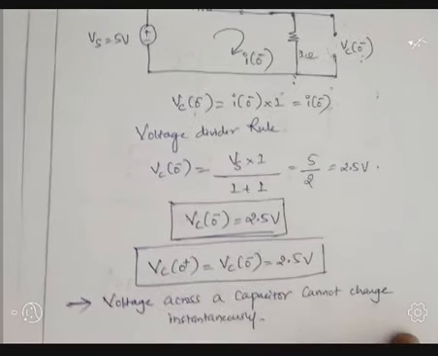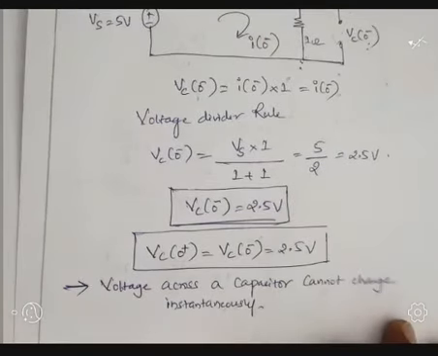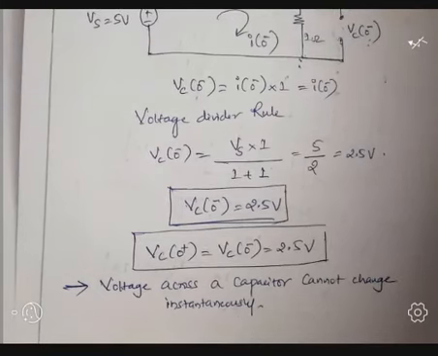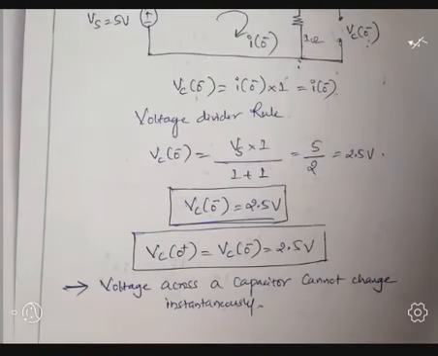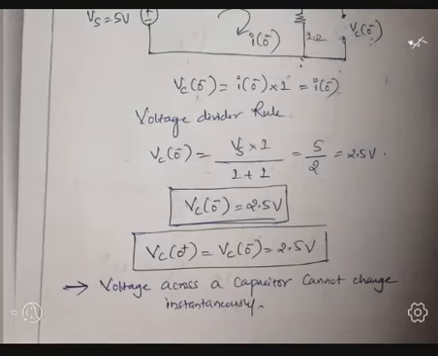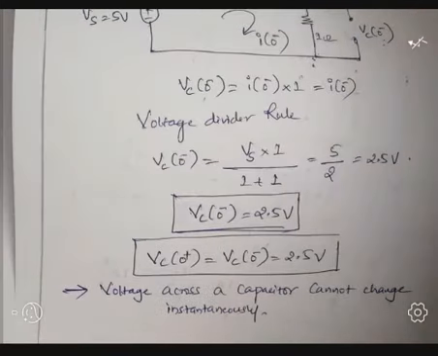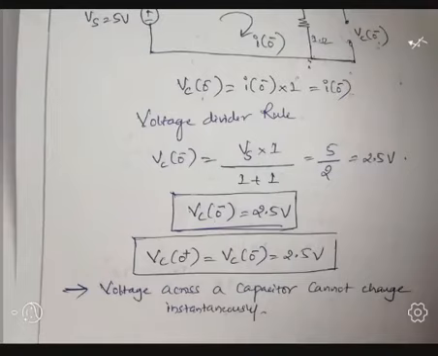So when the switch is opened at t equal to 0, and if the source is removed from the circuit, Vc of 0 plus still remains the same, that is 2.5 volt.